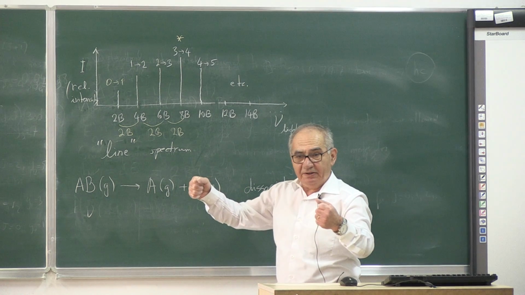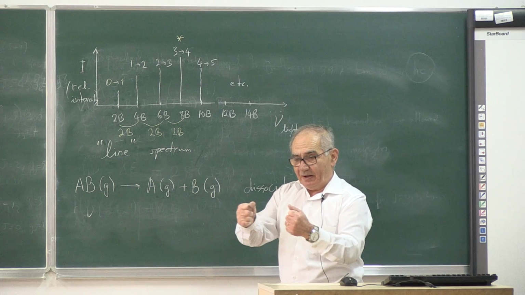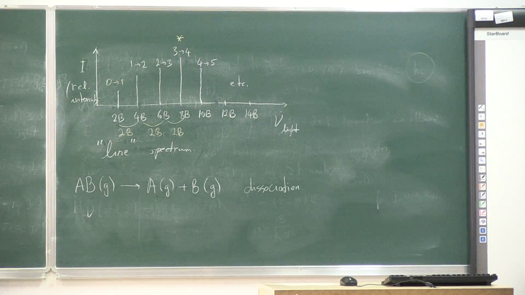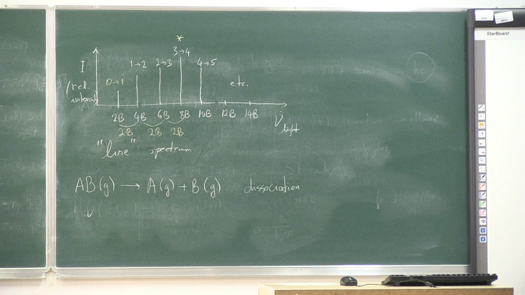However, if the distance is smaller, near the equilibrium bond length, there is an interaction between the two atoms, and it is an attractive interaction. They pull each other. So energy gets lower, and the lowest value for the potential energy corresponds to the equilibrium geometry, equilibrium bond length.